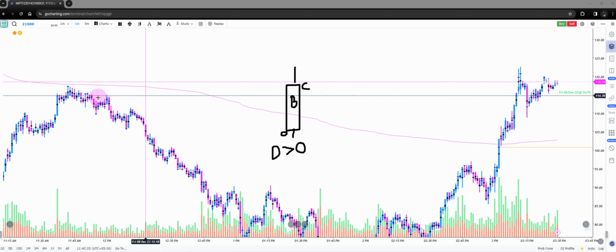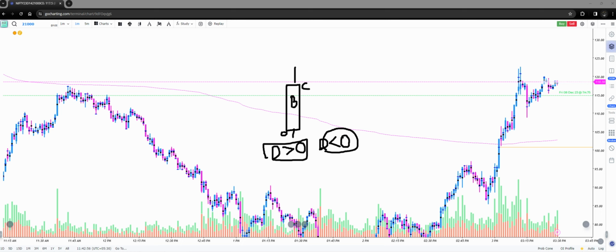Sometimes, in spite of the bar closing like this, a strong up bar, there will be an instance where the delta is less than zero. So what does this indicate? Even though the aggression was up, at some point there has been some sort of absorption and an introduction of sellers from the opposite side. This is called delta divergence.